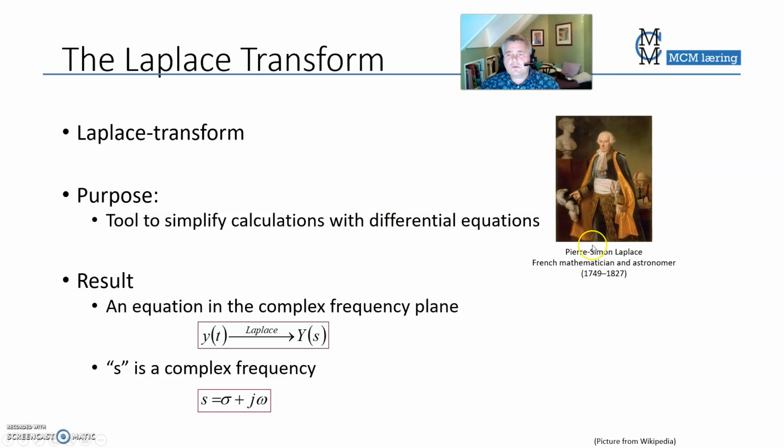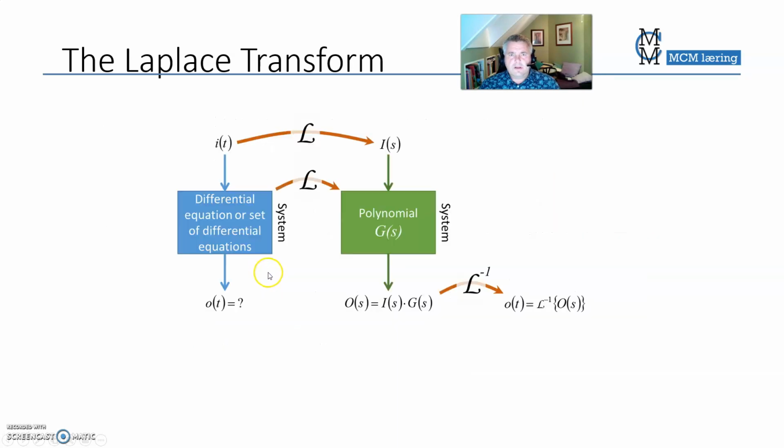So there was fortunately a man called Pierre-Simon Laplace who in the early 1800s discovered a method so we could actually have a workaround on these differential equations. Let's see what we do here with his method.